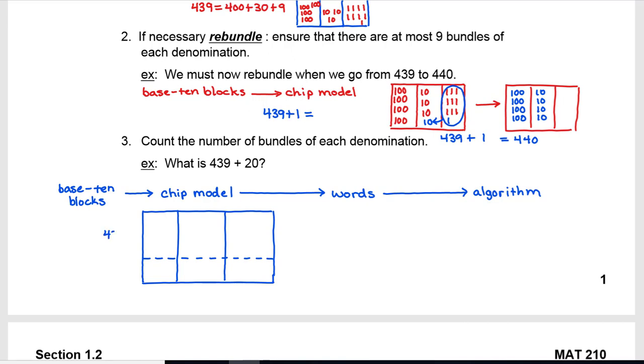So we're going to have 439 plus 20. So 1, 2, 3, 4. 1, 2, 3, and 1, 2, 3, 4, 5, 6, 7, 8, 9. So there's the 439. Now we got 20 here.